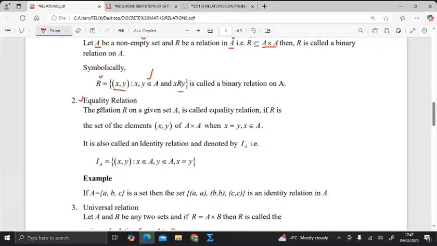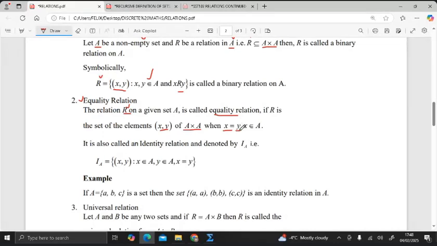When we talk about equality relation, we told that the relation R on a given set, here, suggests that an equality relation is also a binary relation, because we're talking about a relation whose members are ordered pairs, and these pairs originate from the same set.